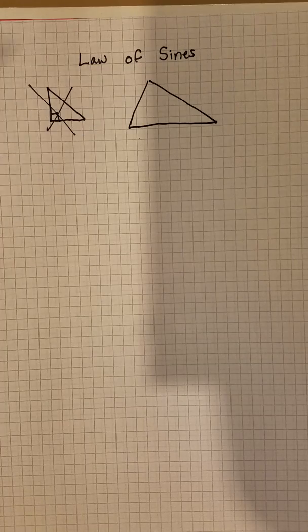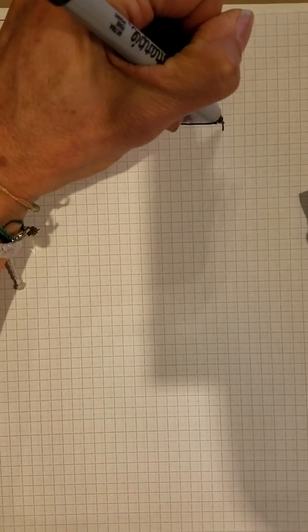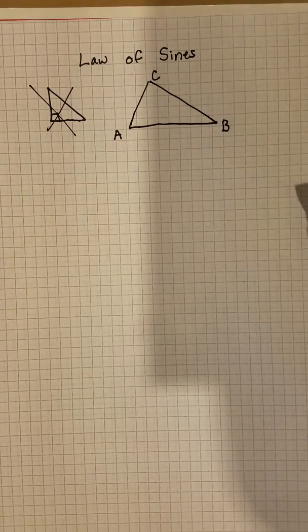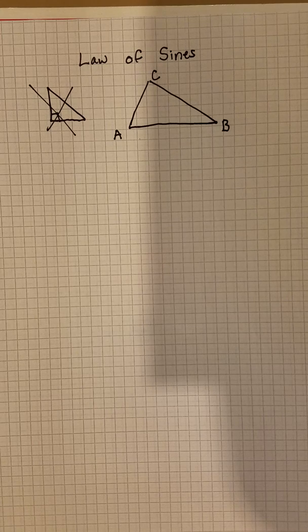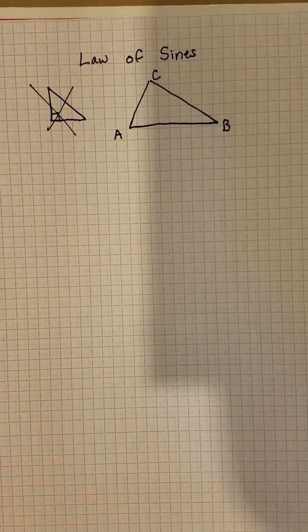So first thing, I have a triangle and I'm going to label its vertices A, B, and C. And you'll notice that I used uppercase letters for those vertices. I am going to label the side lengths, so CB, AC, AB, using a lowercase letter. And this will make it more clear when I show you the law of sines so you can apply the formula.